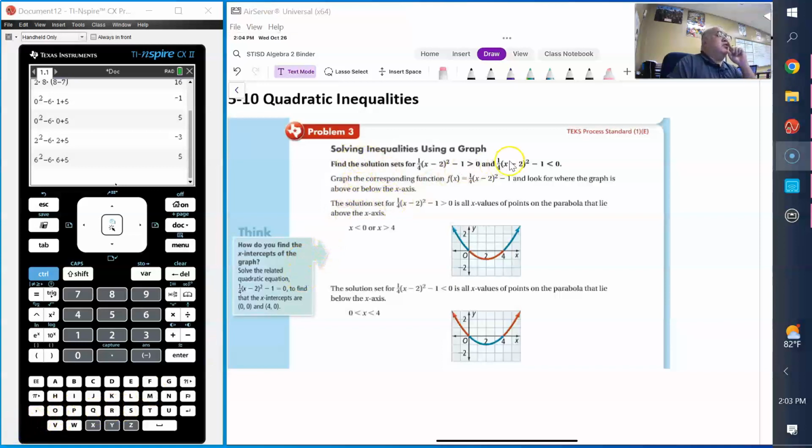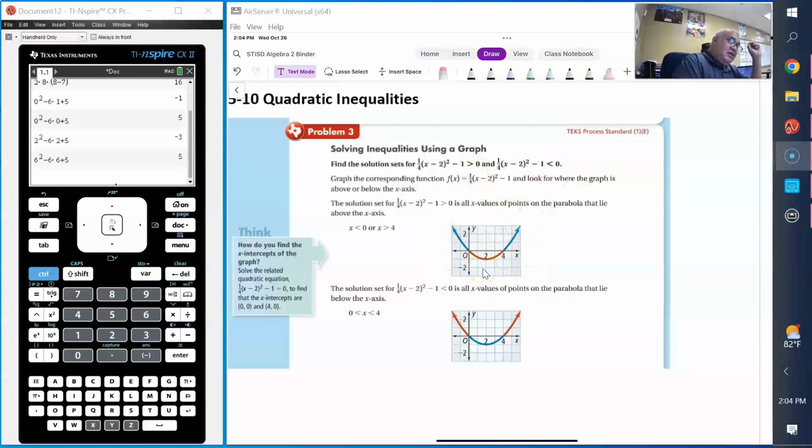Solving inequalities using graphing. It says find the solution sets for 1/4 parentheses x minus 2 squared minus 1 greater than 0, and the other one is 1/4 parentheses x minus 2 squared minus 1 less than 0. So what you do is you graph it, just like they did, and we want to know when it's greater than 0.